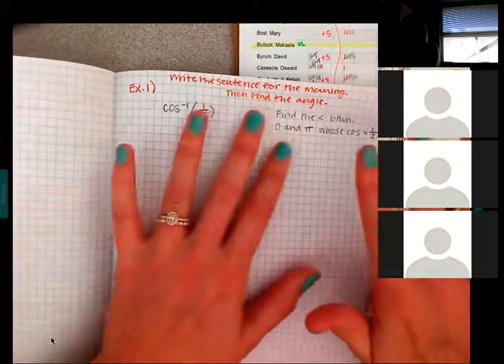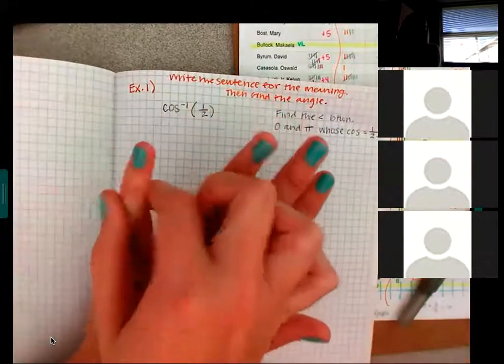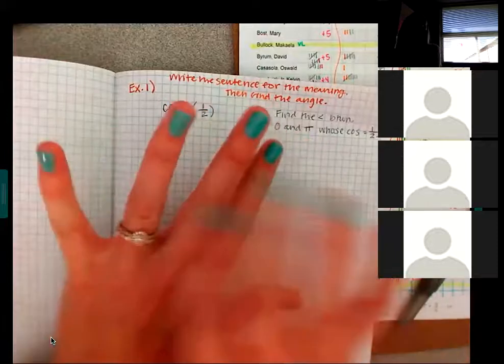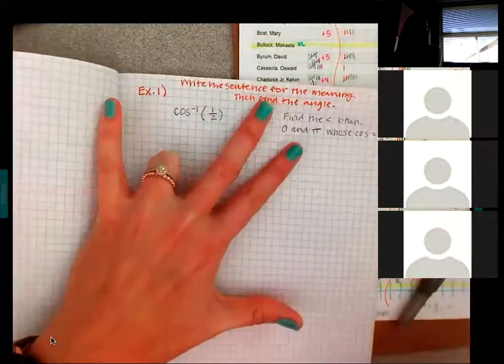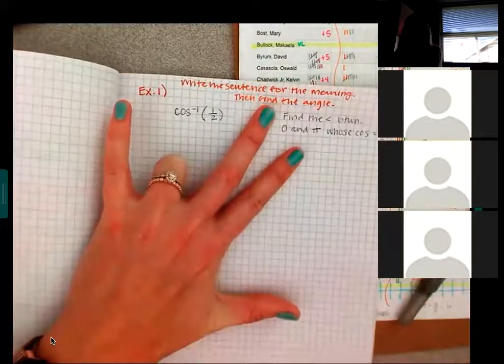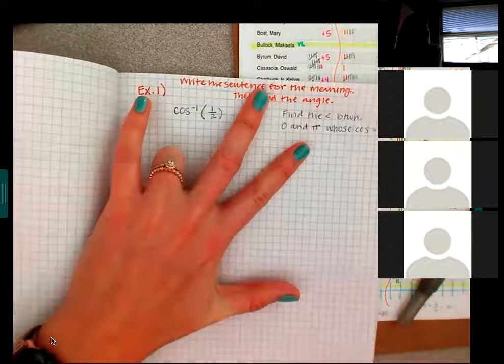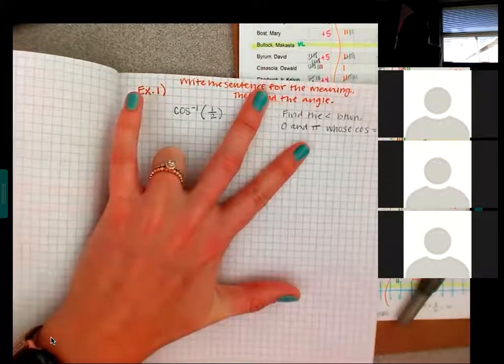It wasn't because I like looking at my hands. It's because it works. The x value should be 1 over 2 hands. So I'm going to put this finger down. There's my x value of 1/2. What angle is that third angle? Pi over 3. Good. Pi over 3.